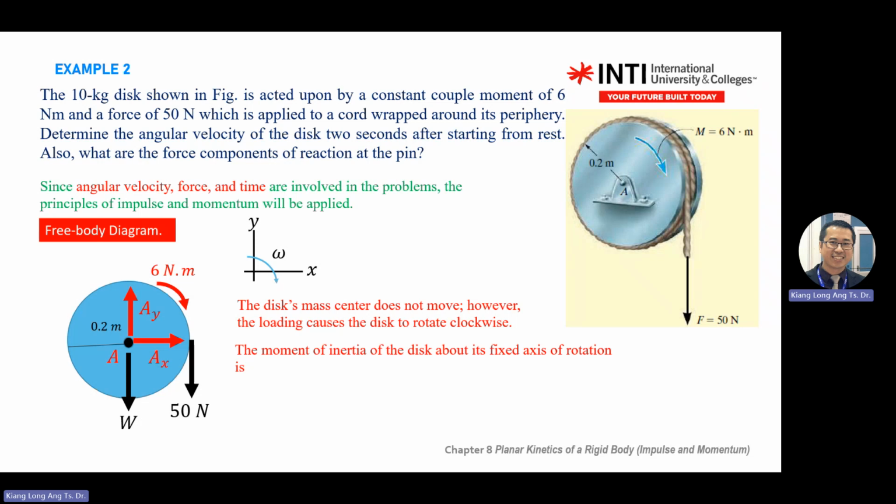So later, if you want to apply angular momentum, H equal to Ig omega, you don't need md square. Straight away refer to the table, the circular disk equation. At the center it will be half mr square. So you substitute the value there. This is the moment of inertia.